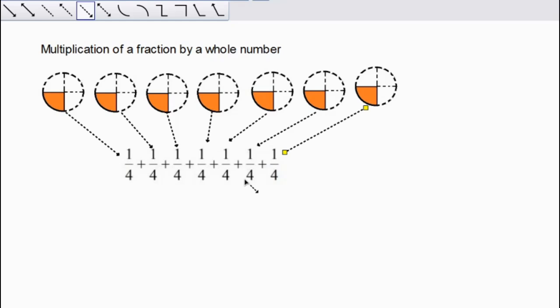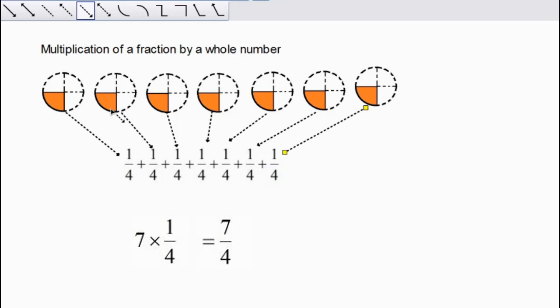So 1 by 4 adding for 7 times can be written as 7 times of 1 by 4. So 7 into 1 by 4 will be same as 7 by 4. By counting that fraction also, we know that there are 7 parts to be added. So the multiplication of 7 into 1 by 4, that is 7 times of 1 by 4, will be 7 by 4.